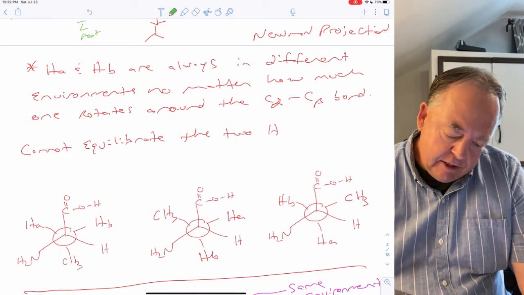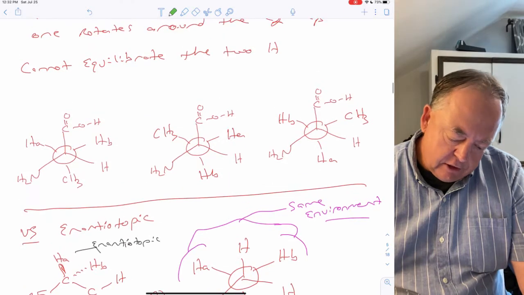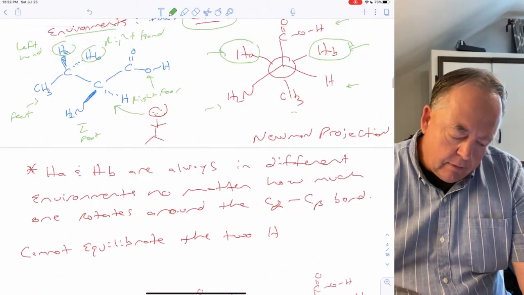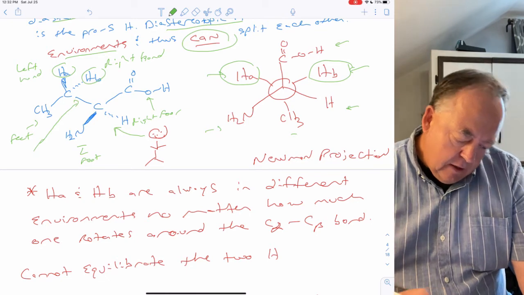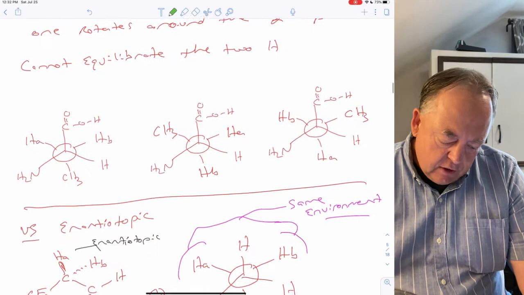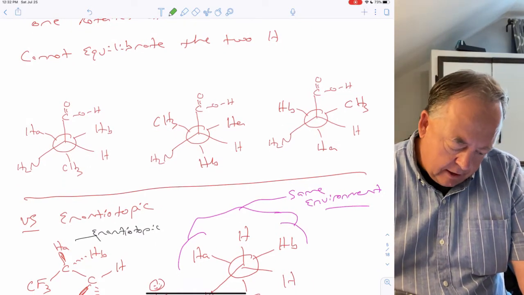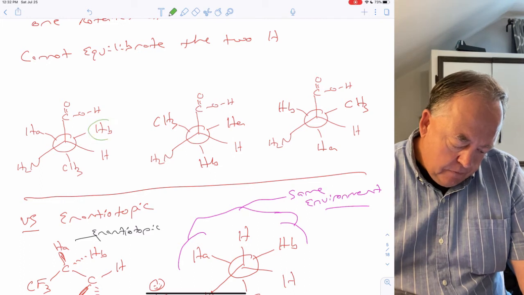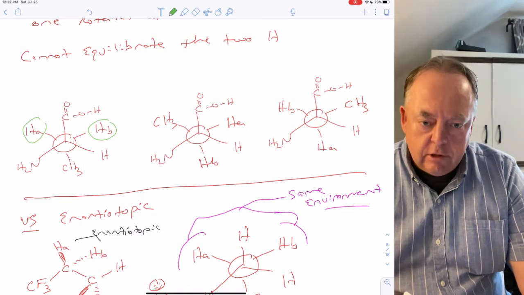Okay, so HA and HB are always different. Doesn't matter how you rotate this Newman projection. So if we just rotate around this carbon-carbon bond, can we put HA and HB in similar environments or not? And the answer is no, there's no way to do that, no matter how you rotate this. If HB is between the carboxylic acid and the hydrogen, then HA is between the nitrogen and the carboxylic acid.